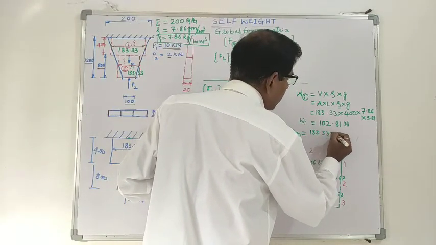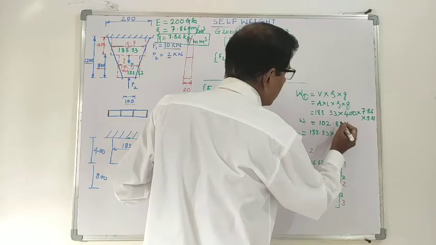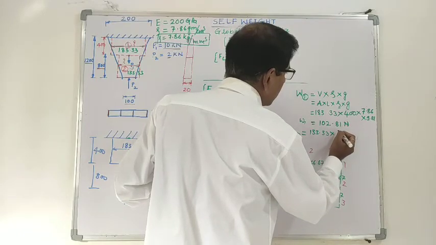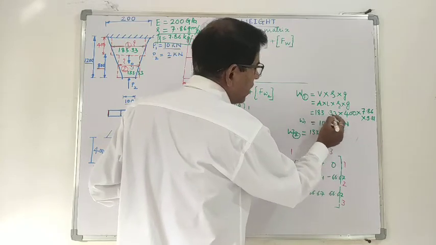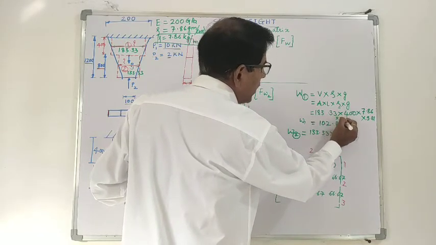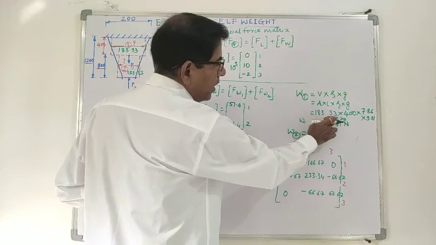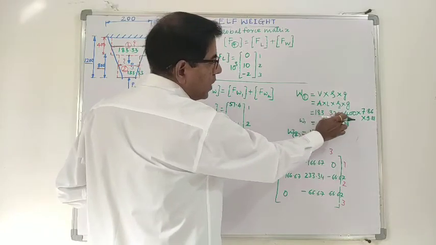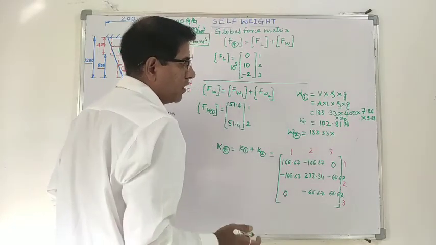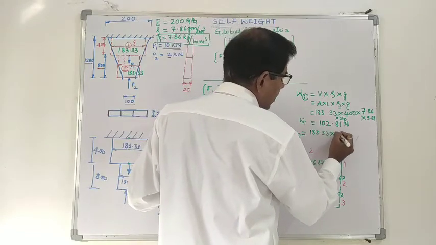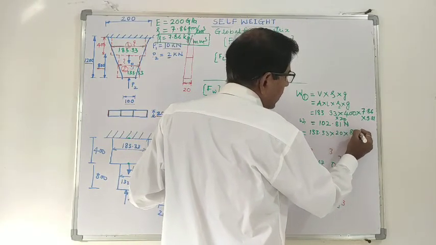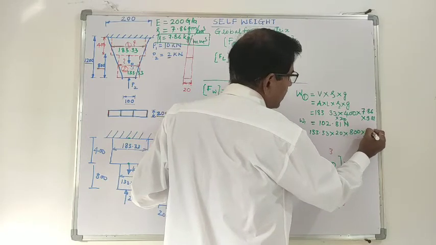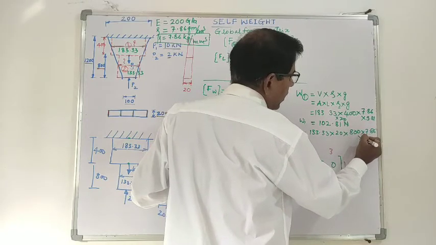Here for calculating the area, 133.33 into 20, multiplied by the length, which is 800, into 7.86 into 9.81.